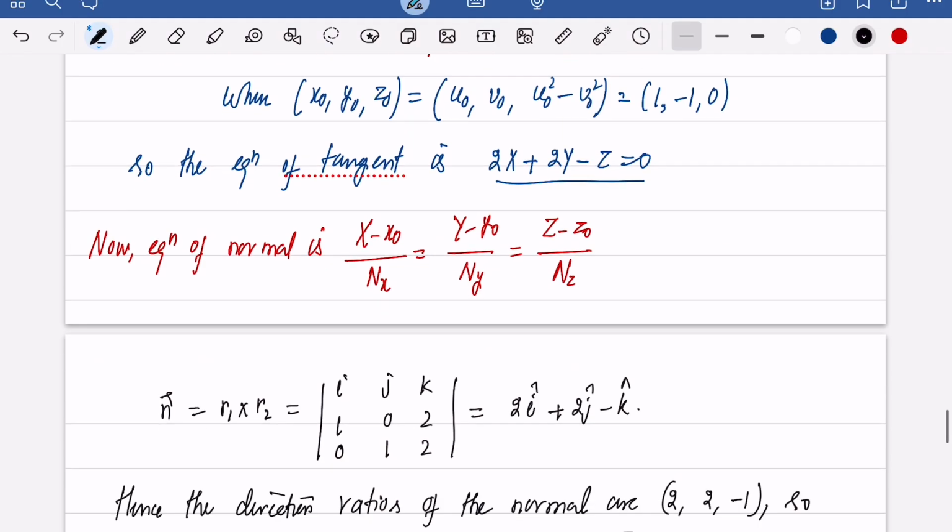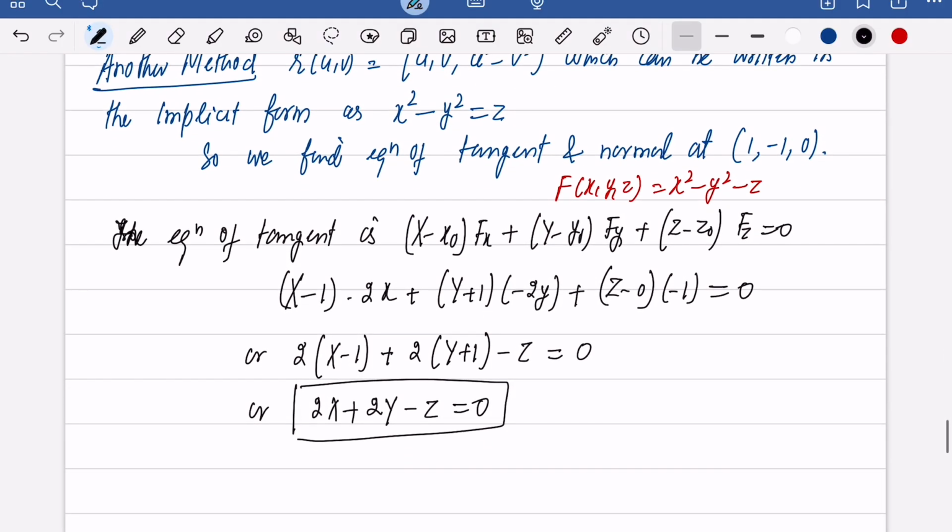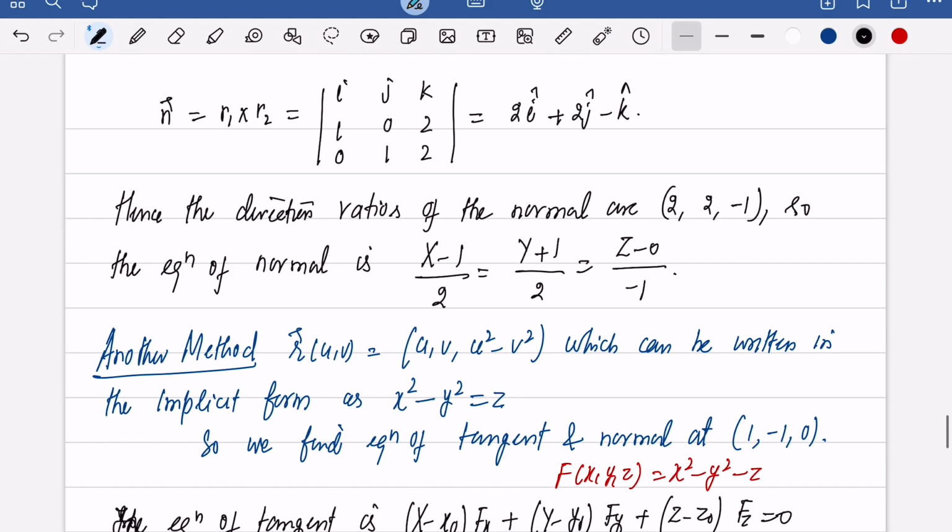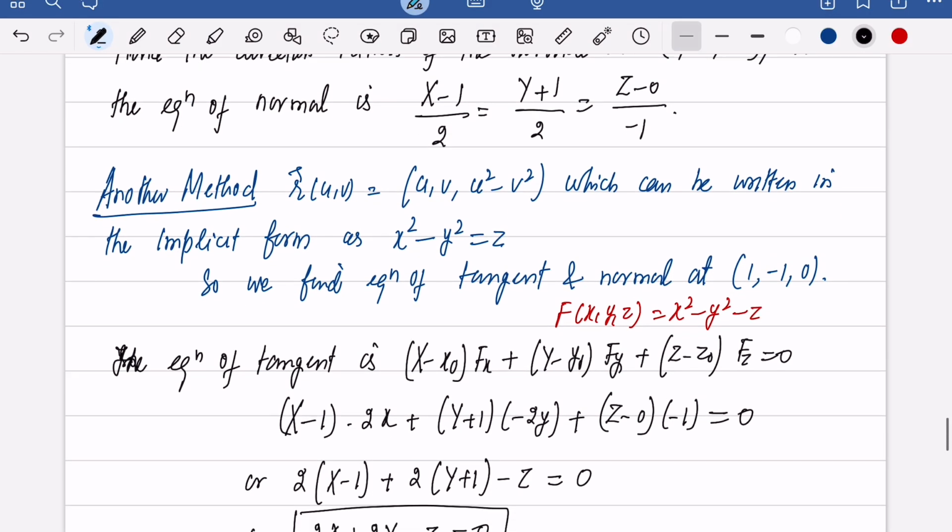And similarly we can find the equation of normal by just using (x minus 1) by fx, (y plus 1) by fy, (z minus 0) by fz.